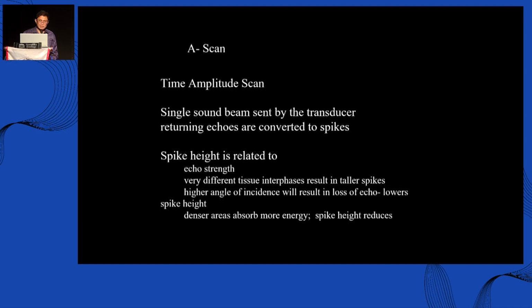So A scan, just a short note, because we need this for our biometry. It's a single sound beam sent by the transducer, and the spike height will tell you the echo strength. The strength will change according to the tissue interfaces, and dense areas will absorb more energy, which causes a reduction of the spike height.